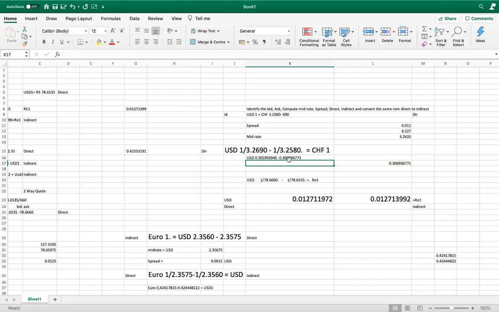So is equal to 1 CHF. CHF1. So I will say this is going to be my direct and this is going to be my indirect.